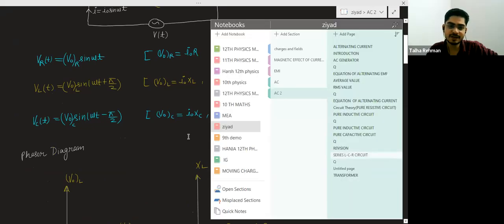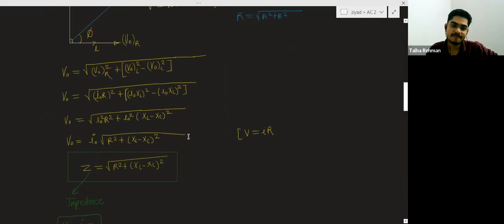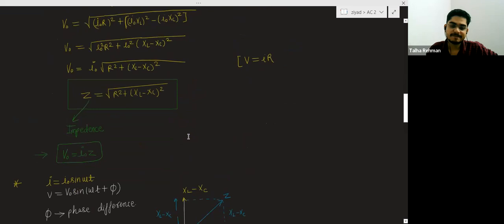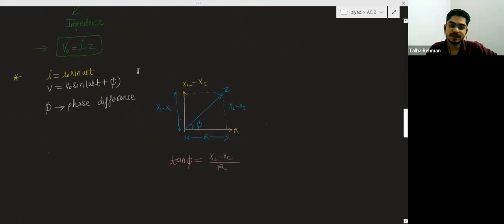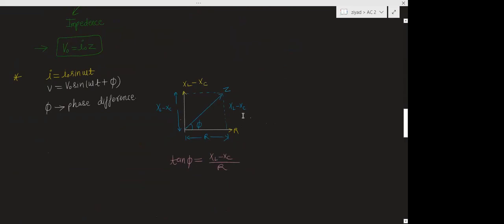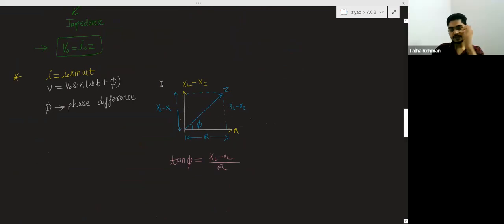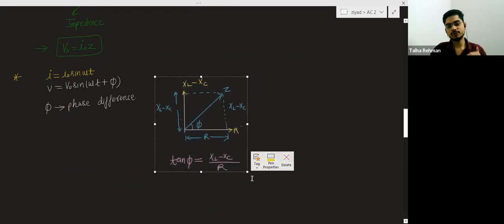So the impedance triangle is basically like this. This is the impedance triangle. Basically, this is the whole method to solve, from where you are getting that impedance triangle.